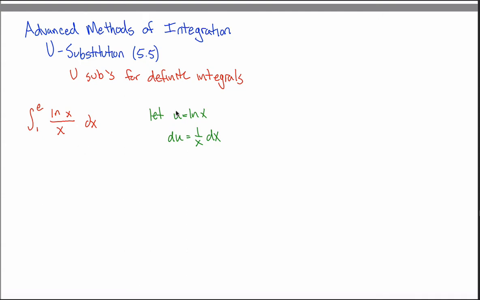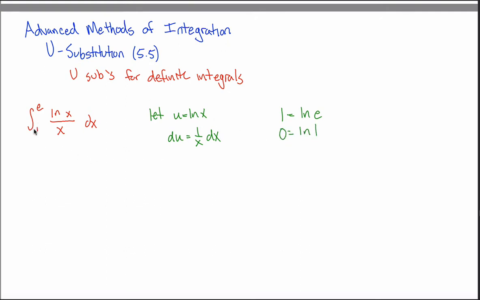The challenge is when you change your variables from x to u's, your bounds of integration are in terms of x's. So if u is the natural log of x, then when my x is e, I could say that the natural log of e is equal to 1. So this top bound up here, instead of being an e, it's now a 1. And similarly, using this equation right here, I could say that the natural log of 1 is equal to 0.